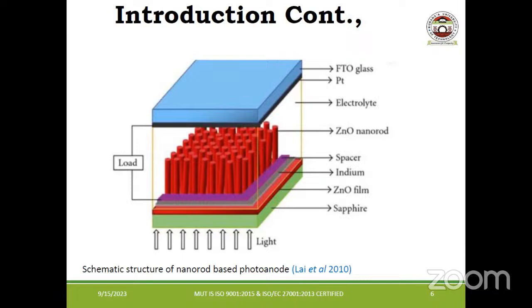The seed can be any compound under investigation, either zinc oxide nanoparticles, titanium dioxide nanoparticles, or cadmium oxide nanoparticles, to be the seed for the glass substrate. And then on top of the seeded glass substrate, we now grow the nanorods, which are going to be used in the fabrication of the solar cell.